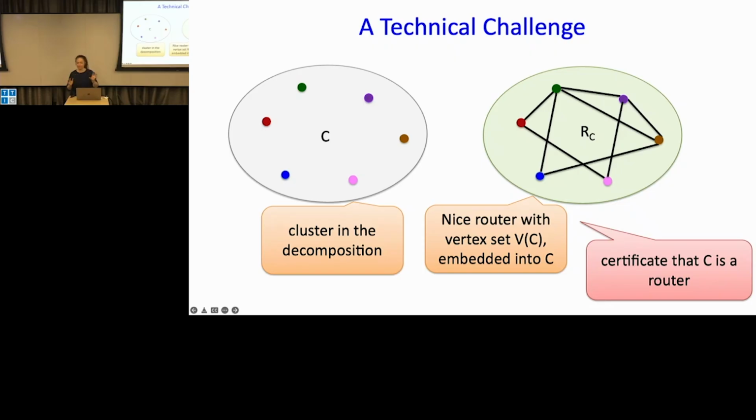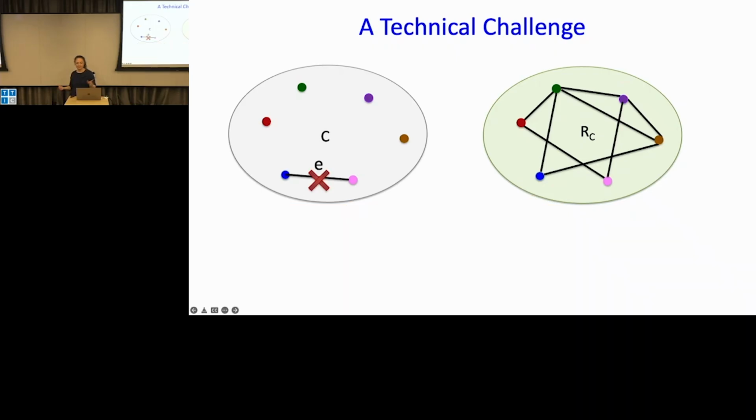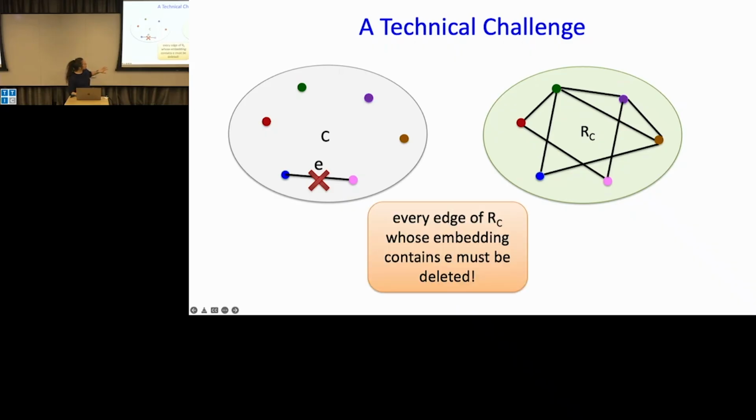Everything is good, it's a certificate, it's a router. But remember, graph G undergoes updates, right? So the adversary may come and delete some edge that sits in this cluster C. Now, when this edge is deleted, the embedding path cannot use it because it's gone, right? So I need to go back into this explicit router and delete every edge whose embedding path uses this edge E.